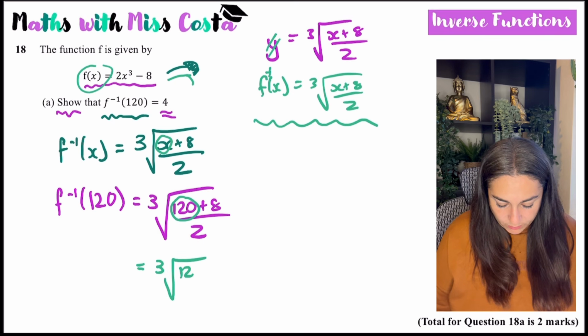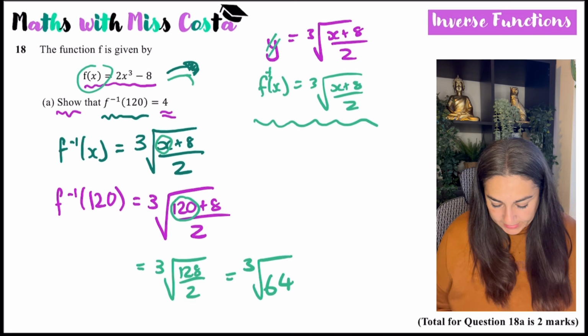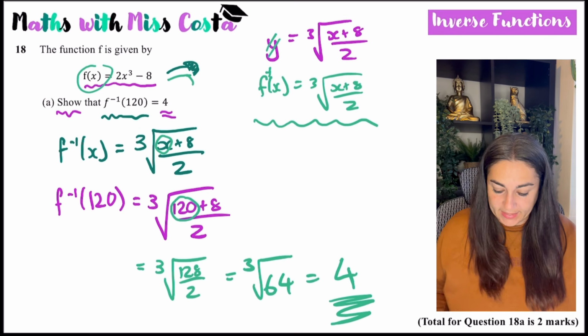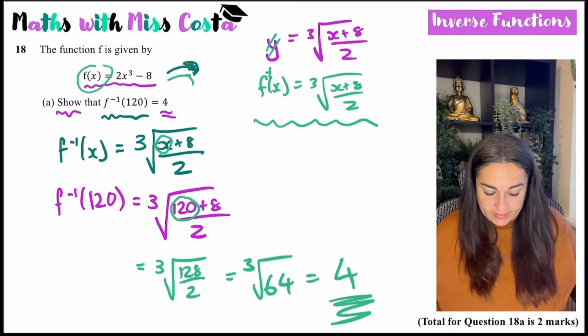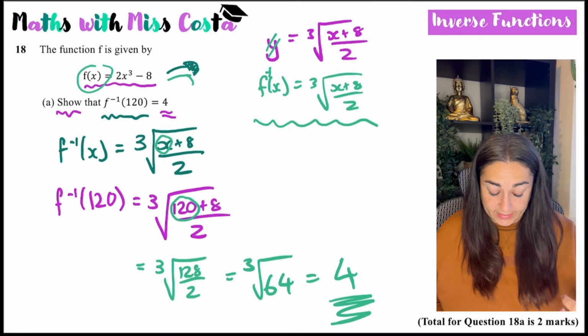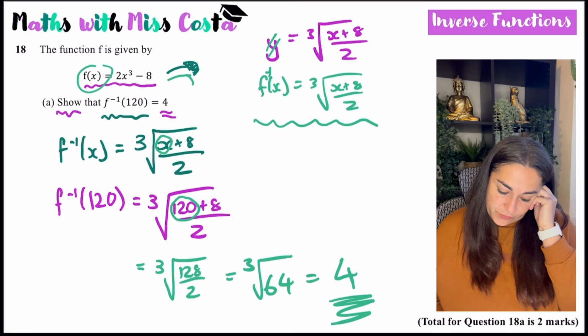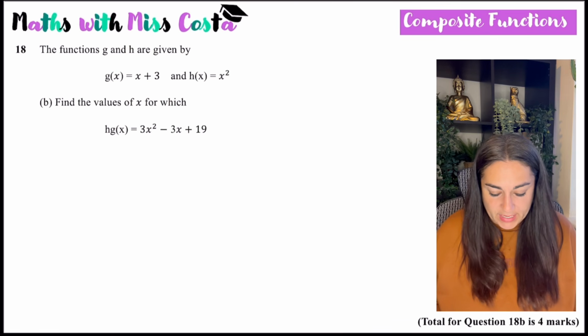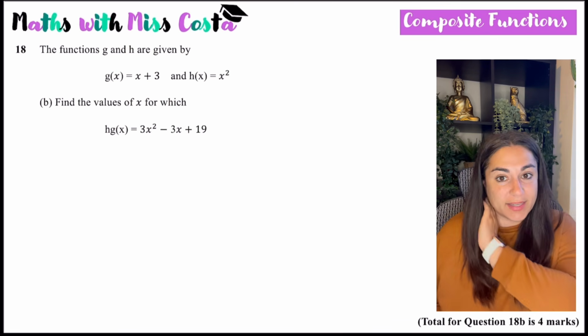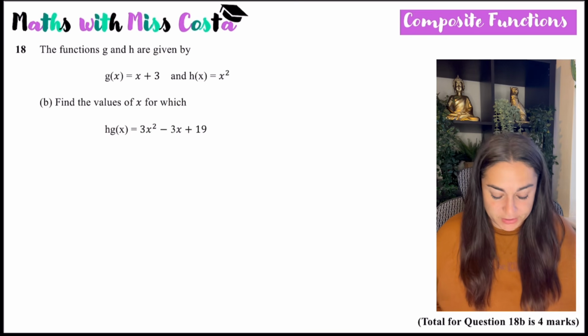So it would be the cubed root of 128 over 2, which would simplify to the cubed root of 64. And the cubed root of 64 is 4. So that is how you would show that the inverse of x, when x is 120, the final solution is 4.